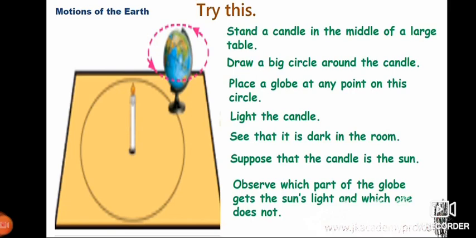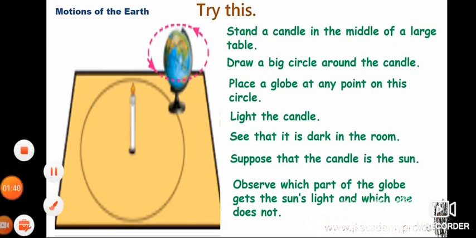Okay, so children, can you tell me which part of the earth will get the sunlight? Correct, the part which is facing the sun, isn't it? That part will get light, and the backside part will not get light.